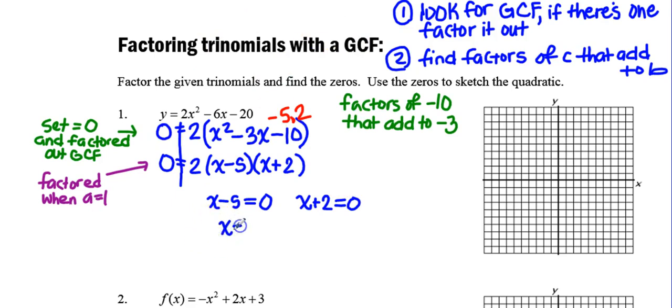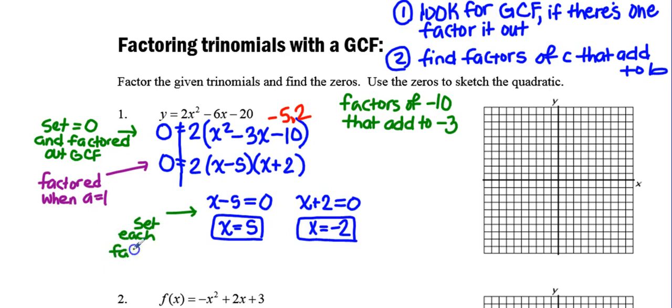This will get me x equals 5 when I add 5 to both sides, and when I subtract 2, I get x equals negative 2. So this was setting each factor equal to 0 and solving for x. What's that next step?